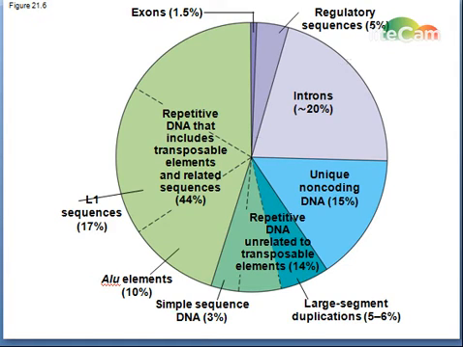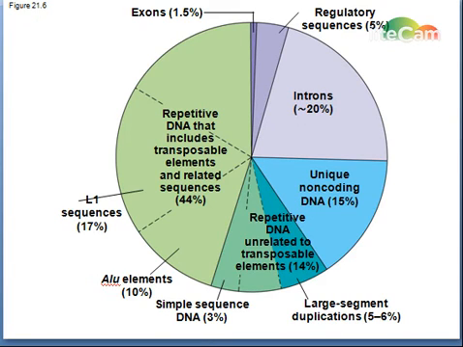Different portions of this have been defined. We have what are called pseudogenes, which are former genes that have been duplicated at some point or in some way have accumulated mutations and are now non-functional. We also have repetitive DNA, which results in multiple copies of genes in the genome.